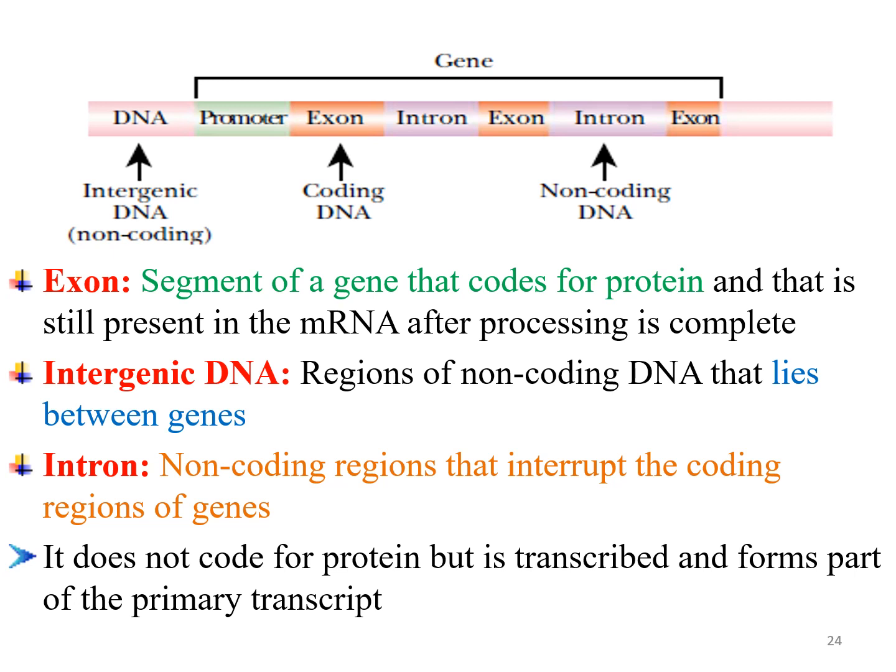So an intron is a non-coding region of the DNA that interrupts the coding region of the gene, and it does not code for protein, but it is transcribed and forms what? The part of the primary transcript.